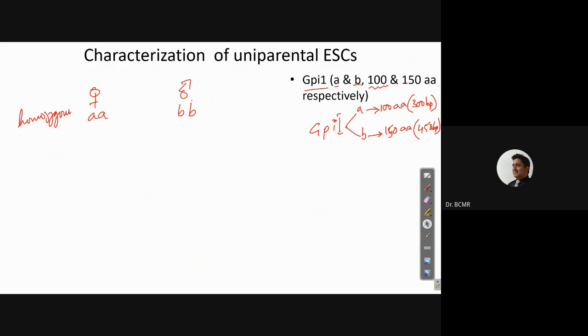The point is to have two different alleles, like GPI1 AA, homozygous for the A allele, and homozygous for the B allele. Then the crossing would have happened, or in vitro fertilization, assume that, and we would have gotten two zygotes.